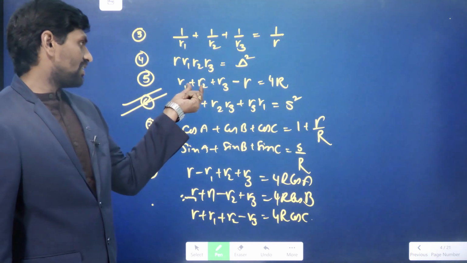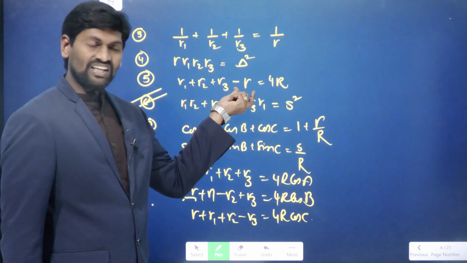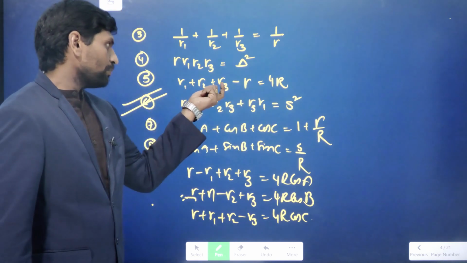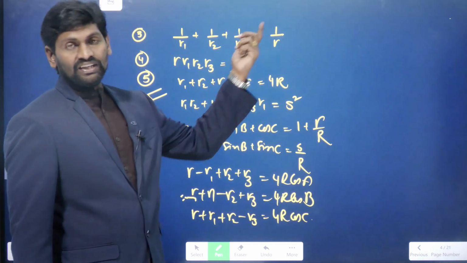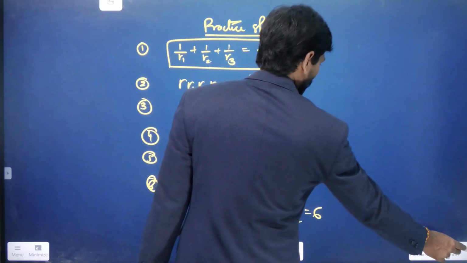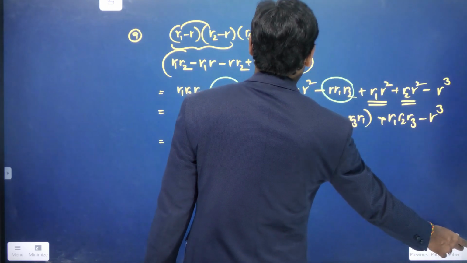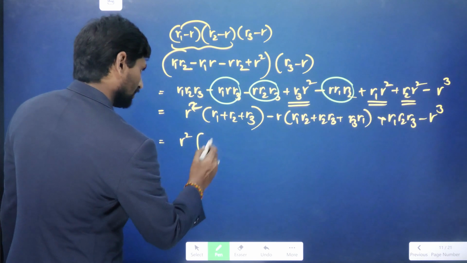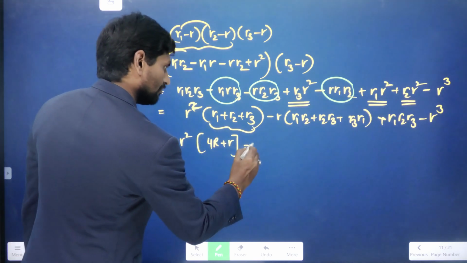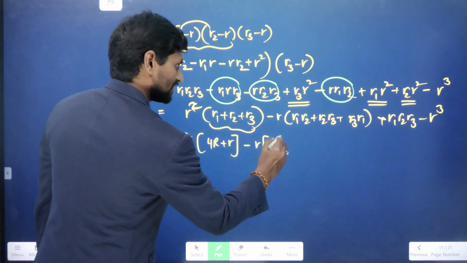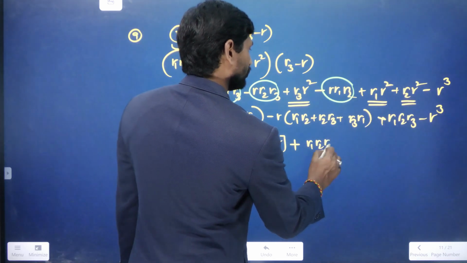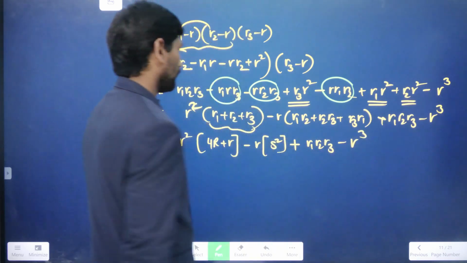Also r1 plus r2 plus r3 minus r equals 4R, so in the place of r1 plus r2 plus r3 I can take 4R plus r. From this I can write (4R plus r minus r) into S square plus r1 r2 r3 minus r cube.